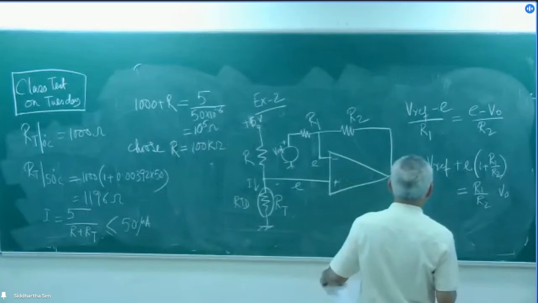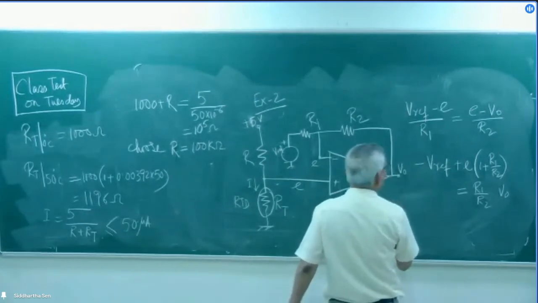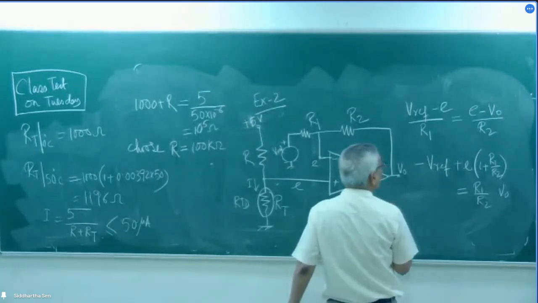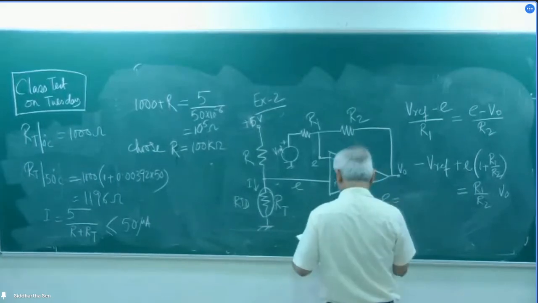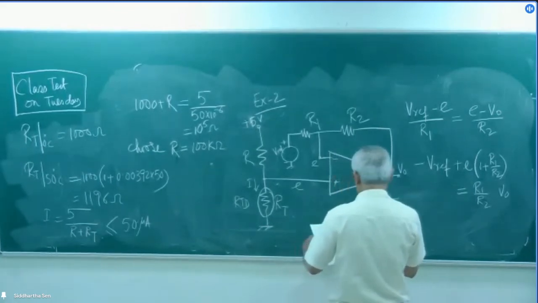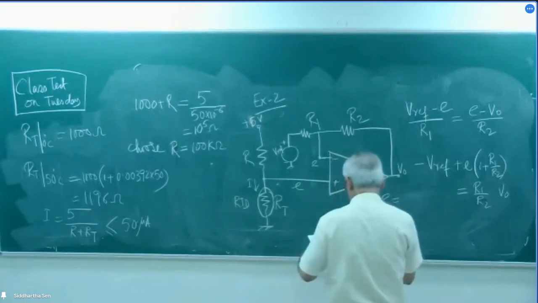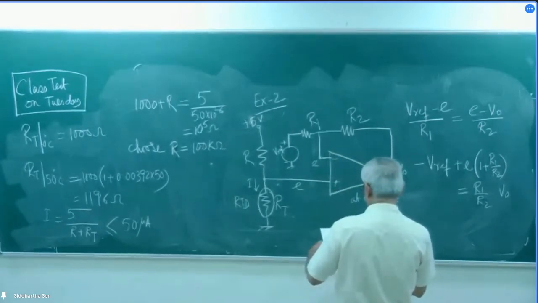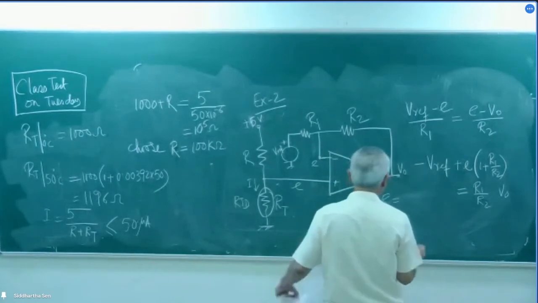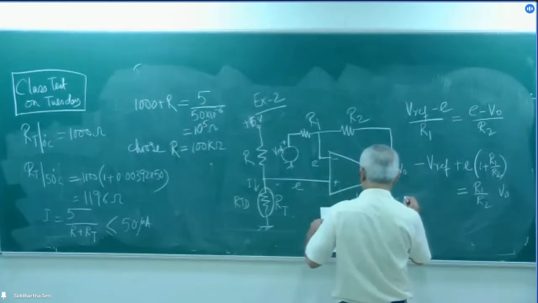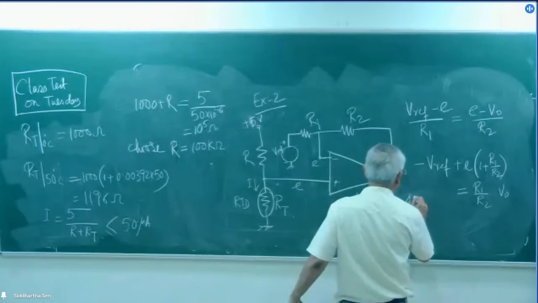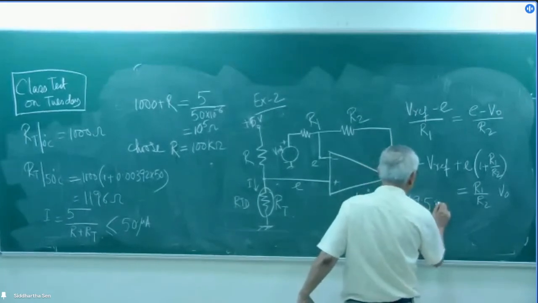And from that we have the value of E. At 0 degree Celsius, what is the value of E? I am just giving the value: E is equal to 49.5 millivolt.